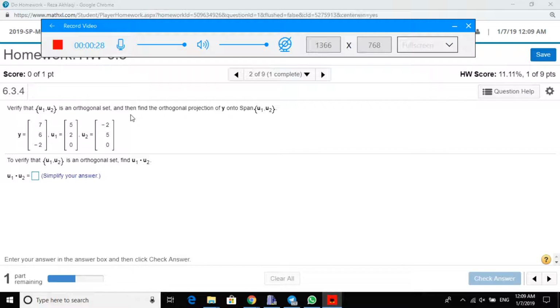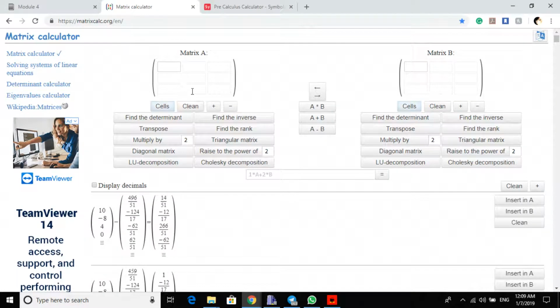To verify these are an orthogonal set, first of all, we have to take the dot product of u1 and u2, and if the answer is 0, that means it's an orthogonal set. For this, I have an online calculator called Matrix Calculator at matrixcalc.org/en.